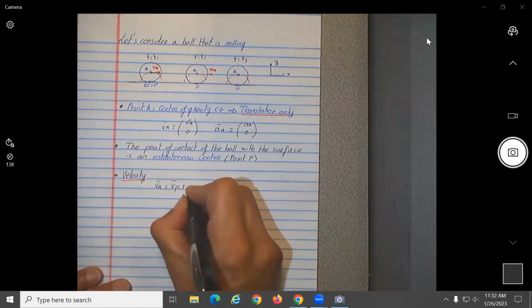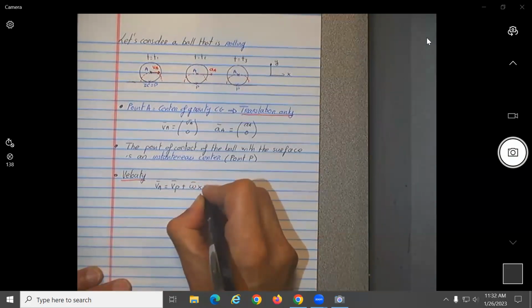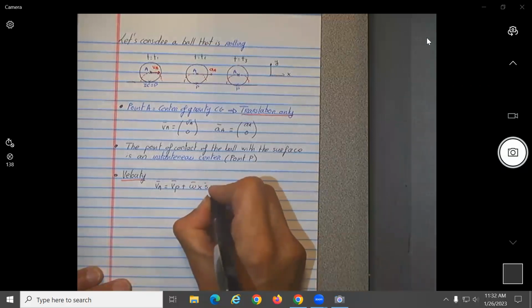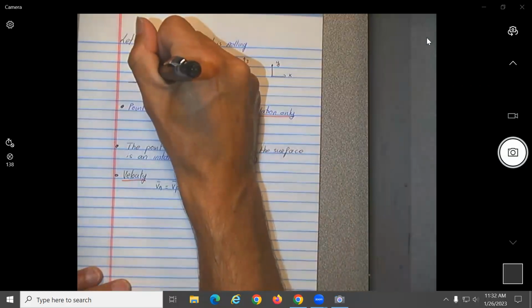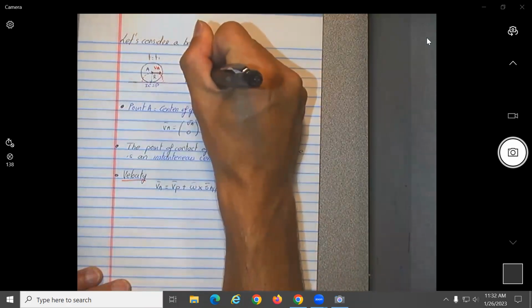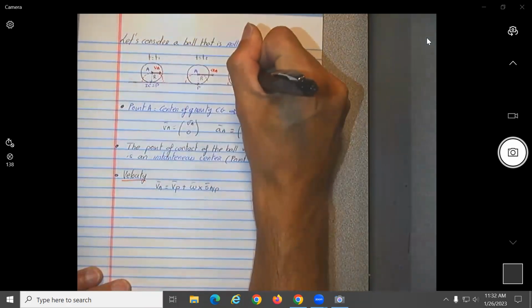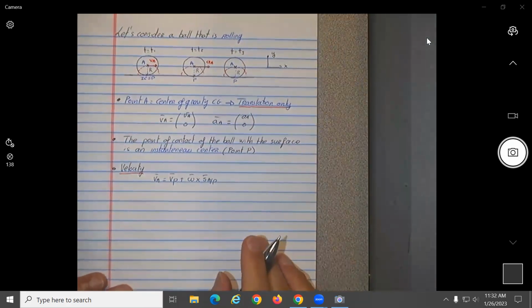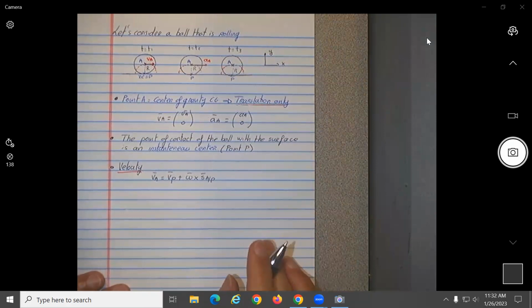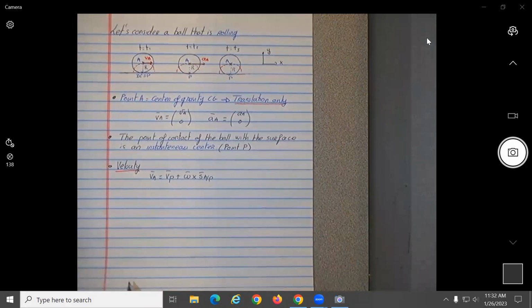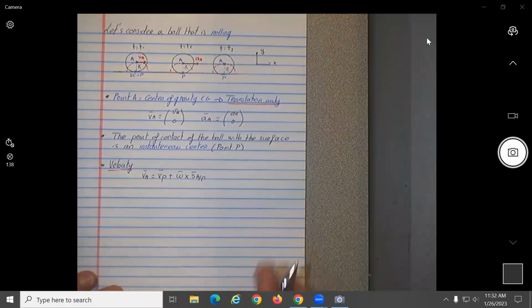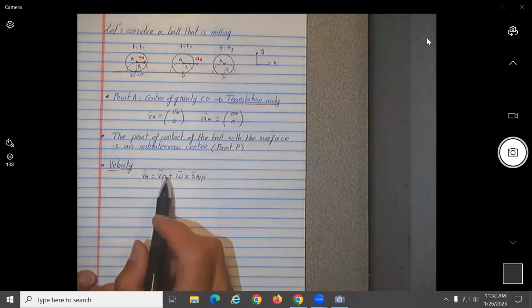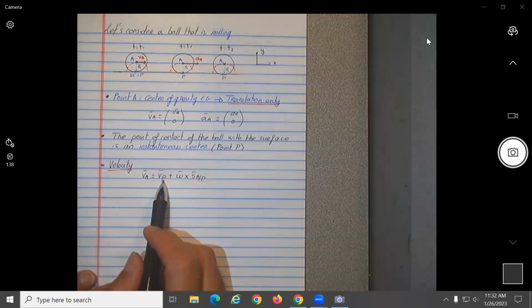VA equals VP plus omega cross r of A with respect to P. Let's call that distance, whatever, R. Even without knowing that the instantaneous center is the point from which the motion of an object is just only due to rotation, what should be VP if the object is rolling and not sliding?